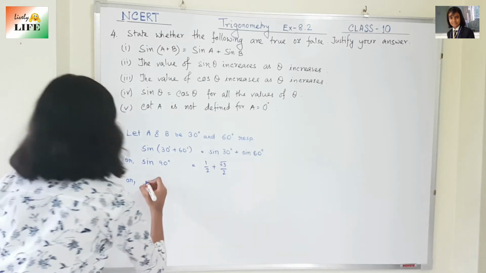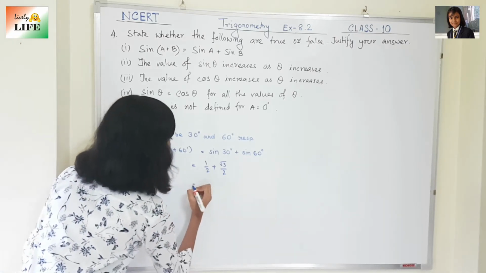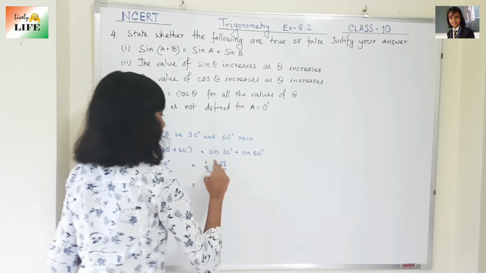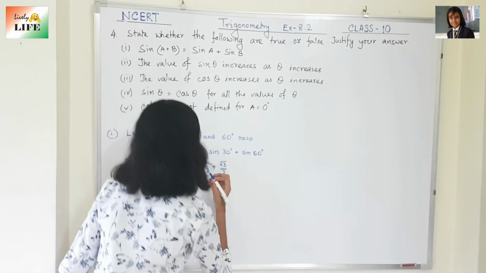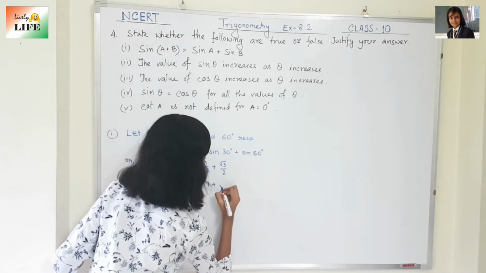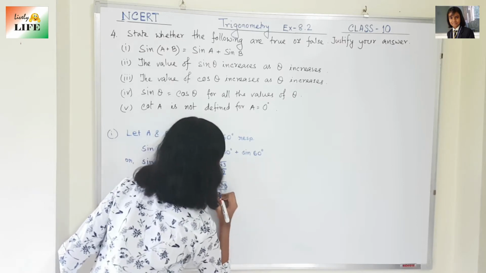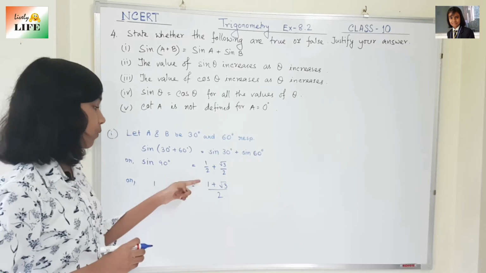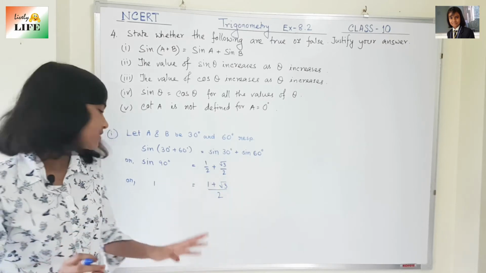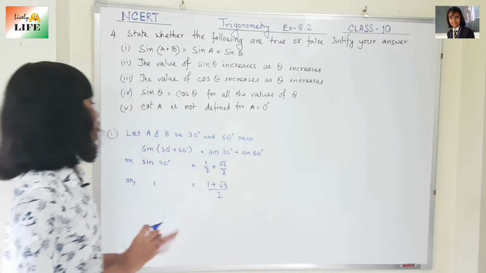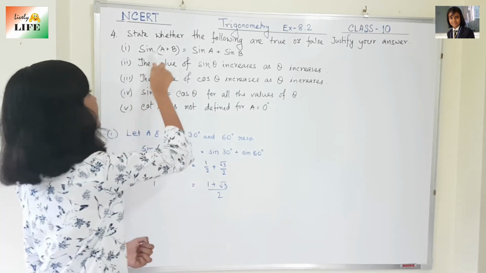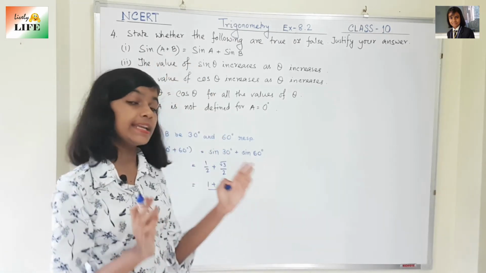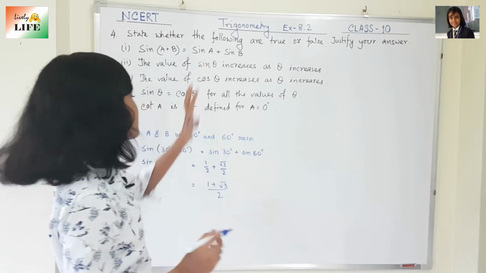Sine 90 was 1, equal to, we cannot add 1 by 2 and root 3 by 2 directly, right? So 1 plus root 3 by 2. So is it possible? Can 1 be equal to 1 plus root 3 by 2? No, right? So sine(A + B) is not equal to sine A plus sine B. So it is false.